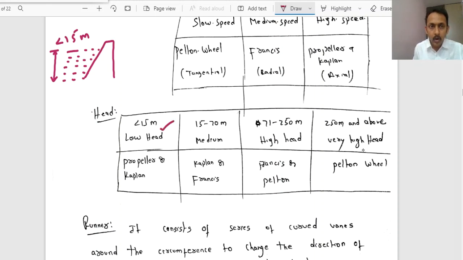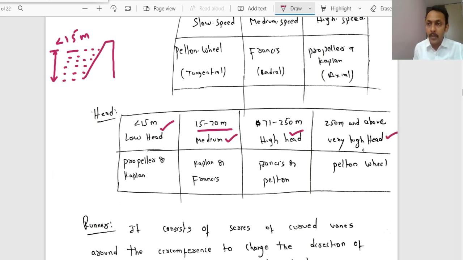If the head of the water is 15 to 70 meters, it is called medium head plants. If it is 71 to 250 meters, it is called high head plants. 250 meters and above, it is called very high head plants.